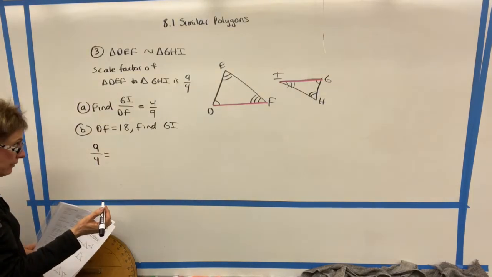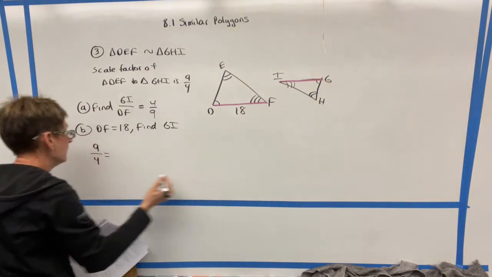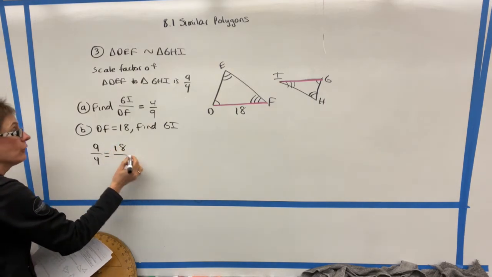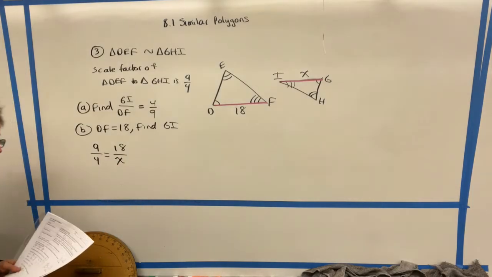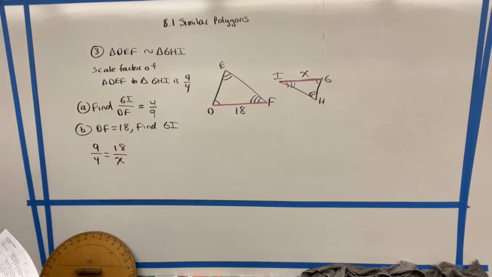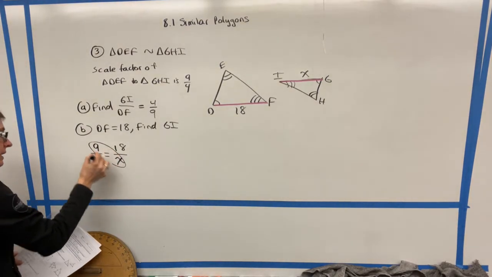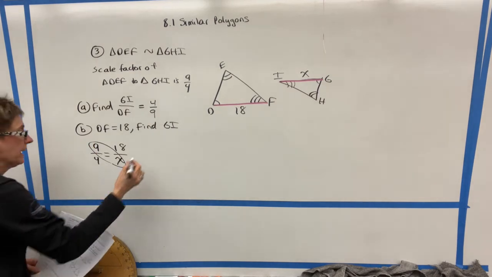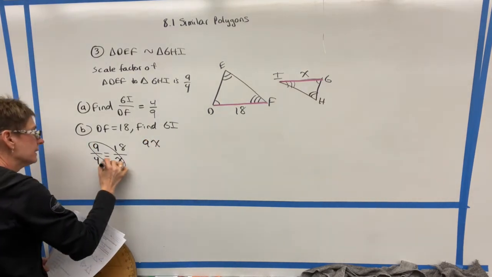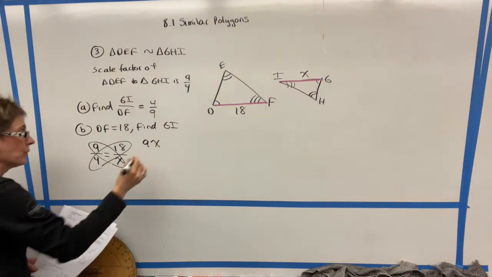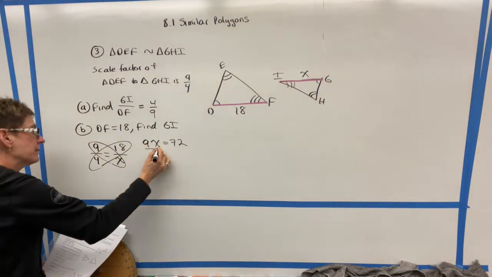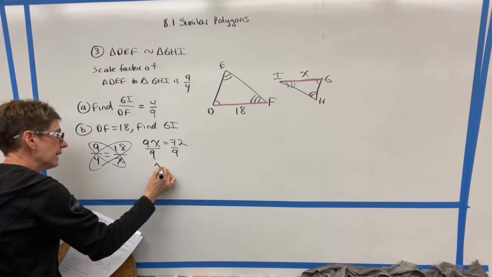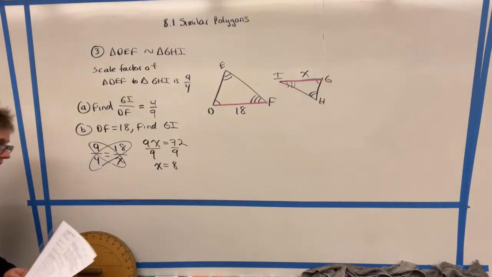And DF is 18. So that would be 18 over, we'll call this X. 9/4 has to be the same thing as 18 over X. I cross multiply, so I get 9 times X, and then 18 times 4 is 72. And then I would just divide both sides by 9, and I would get that X is 8.